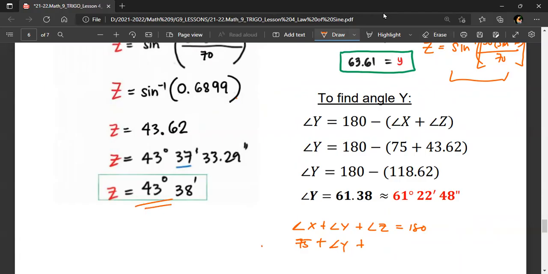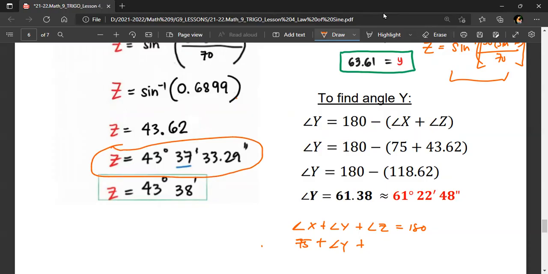Now, ma'am, which of the two values should we use? Is it the degrees or the decimal? Either of the two can be used, as long as the value that is not yet rounded up is used.